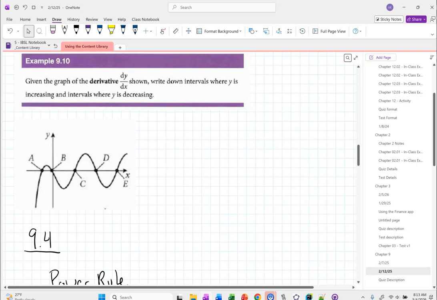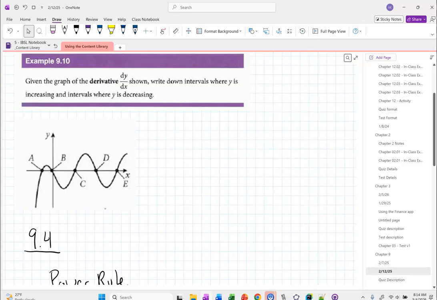Next example says the graph of the derivative is shown below. Write down the intervals where y is increasing and the intervals where y is decreasing. So again, when I say intervals where y is increasing and where y is decreasing, I'm just looking for where the derivative is positive and where the derivative is negative.